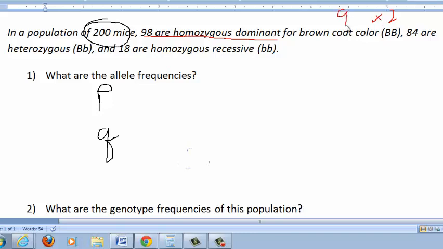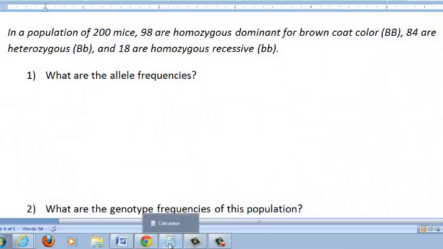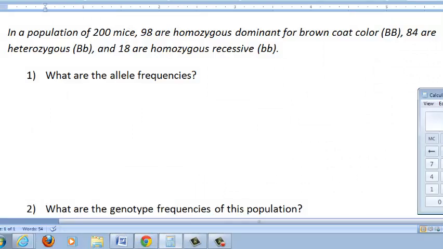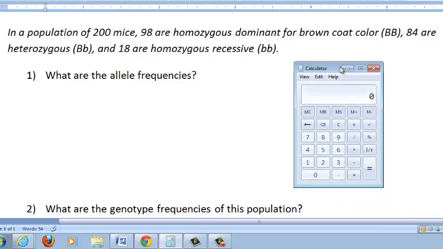So we actually are going to take 98 times 2 to get our total homozygous dominant alleles for those particular brown mice. I'm just going to pull up a calculator here real quick, and we're going to see what we've got. So we're going to take 98 times 2. It's a total of 196.